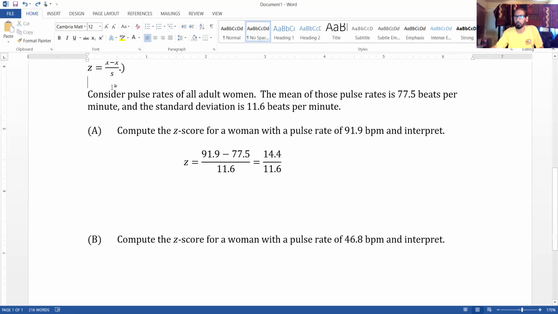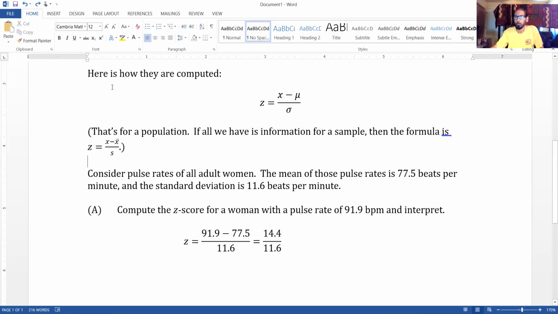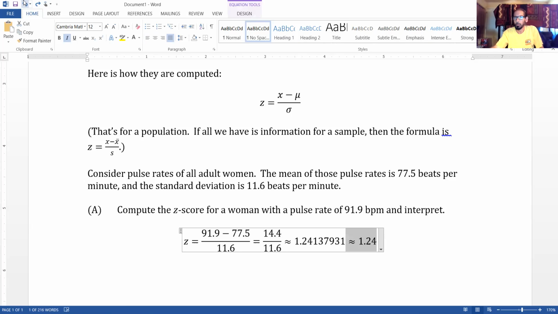So plugging into the formula, notice how for this first woman, I've subtracted first, then I'm going to divide by 11.6, and then round to the nearest hundredth. On a calculator, if it has parentheses or if it's the TI-84, then you don't have to break it down into 2 steps.